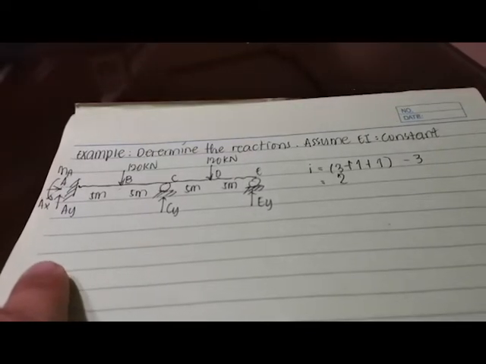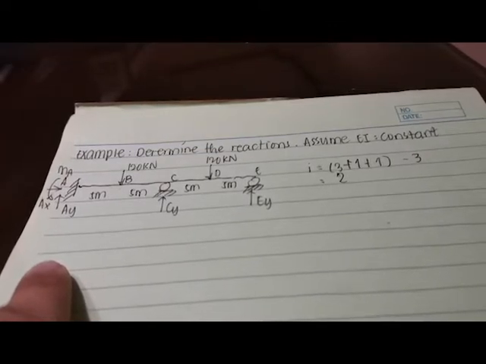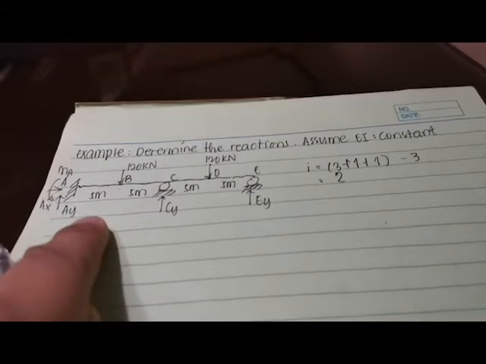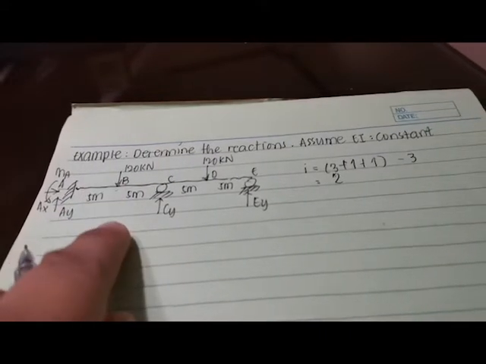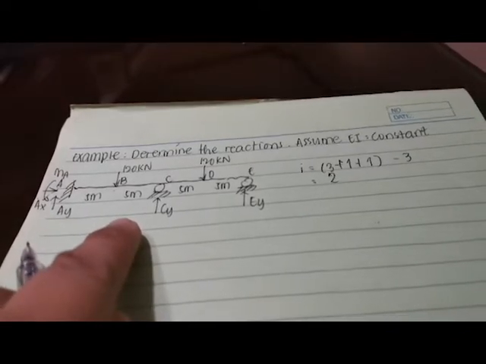Second degree indeterminate meaning we need to consider two redundants. So we're going to remove two redundants in order to make this a statically determinate beam. So we have different choices.